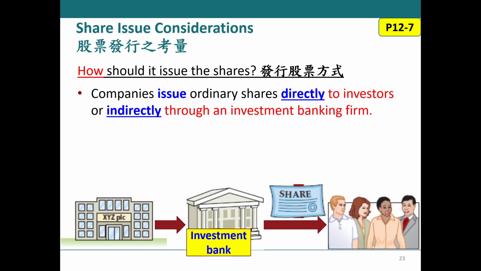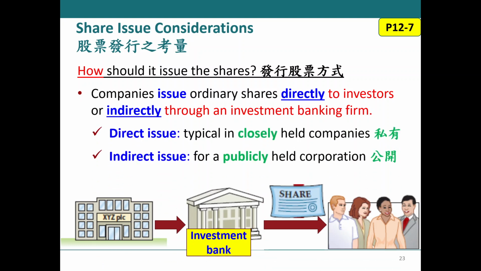First is directly from investors. Second is indirectly. So what does it mean? Directly means you sell the shares to investors in person. So you face the investor, you talk to them. Okay, I want to sell the shares to you. Could you give me the money? So that's the direct way, okay?